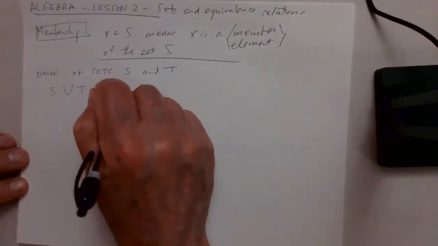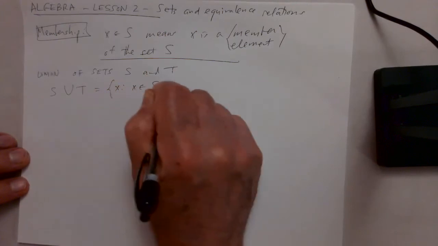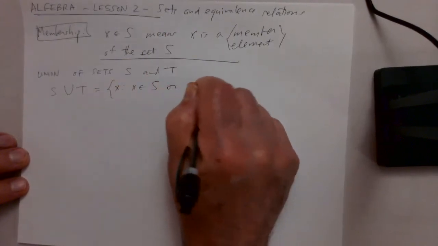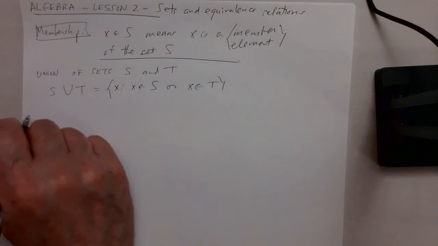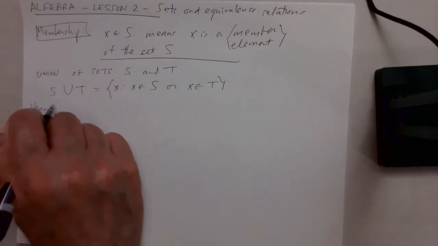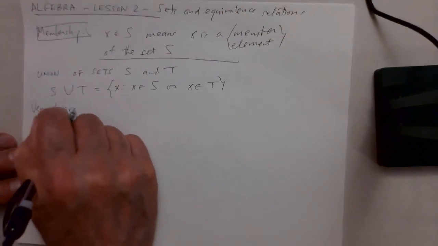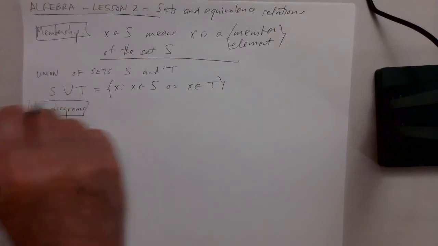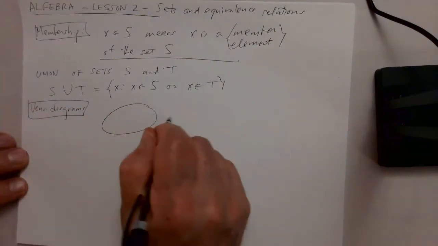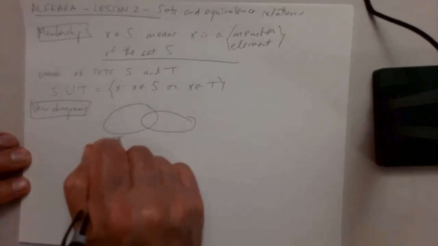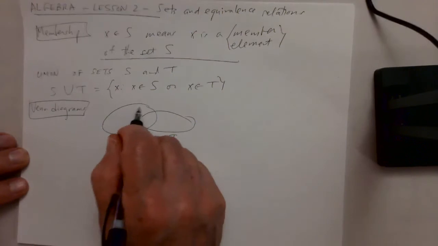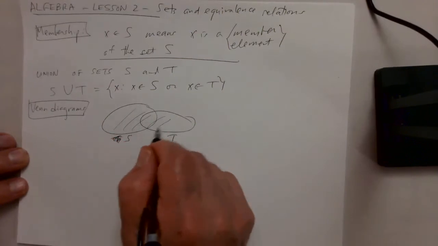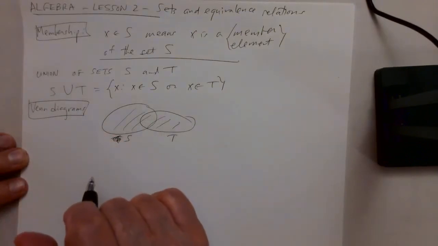All elements X such that X is in S or X is in T. And we like to draw pictures of things. These pictures are sometimes called Venn diagrams. So if this is a set S and this is a set T, everything that's either in S or T or both is in S union T.